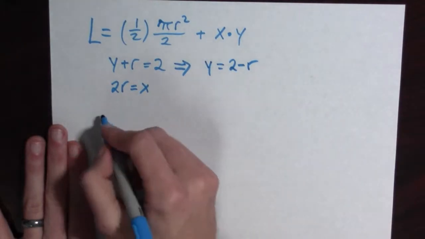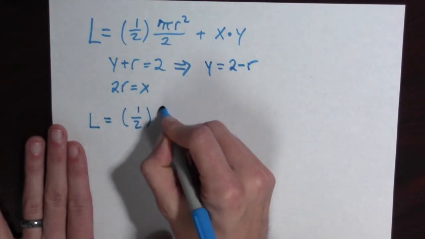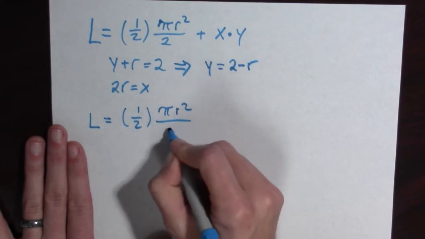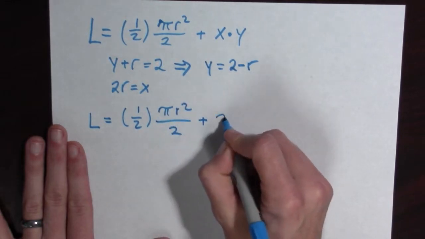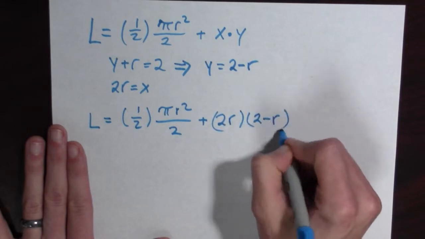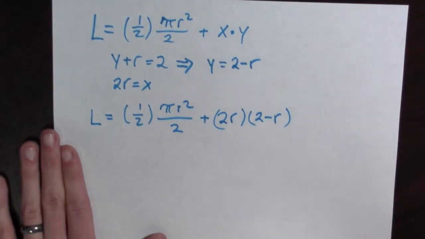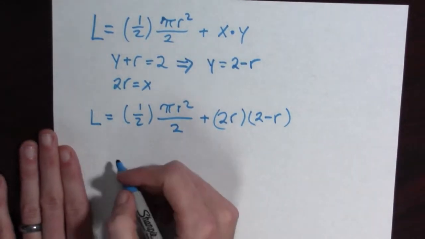And now I can say L is equal to 1/2 pi r squared over 2 plus 2r times 2 minus r. And while we're at it, why don't we simplify this down and make it a little bit easier to take the derivative of it, because that's what we're going to do later anyhow.